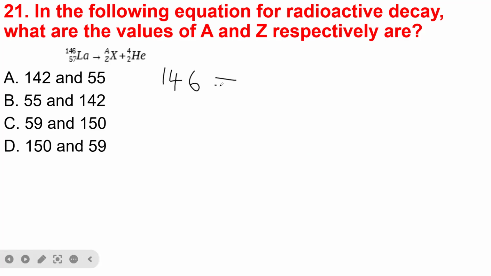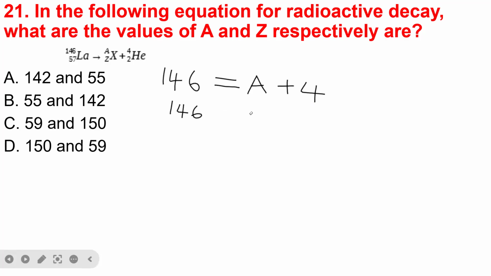So the mass number: 146 is equal to A plus 4. You see, we have this A, then plus 4. We can make A the subject of the formula.